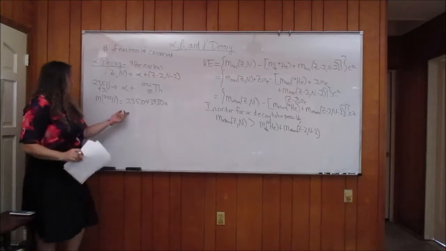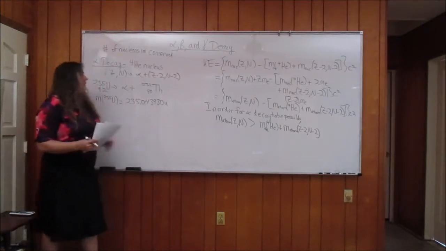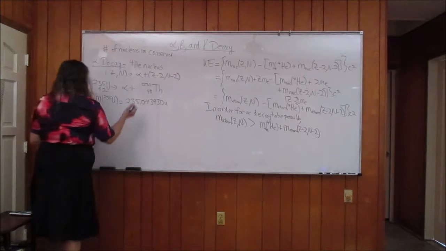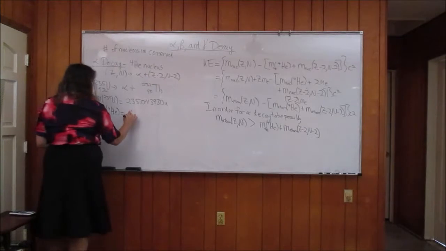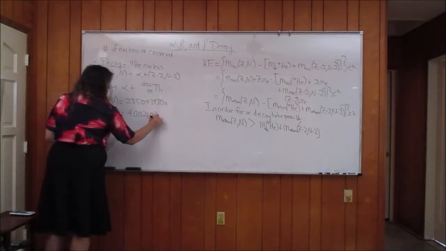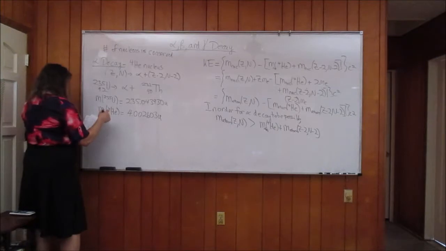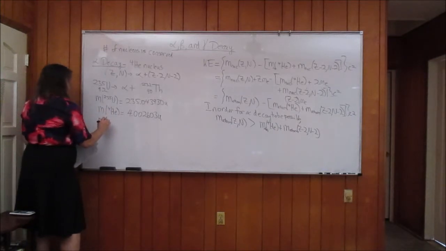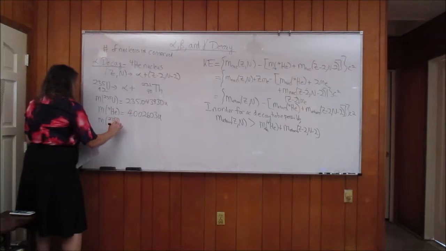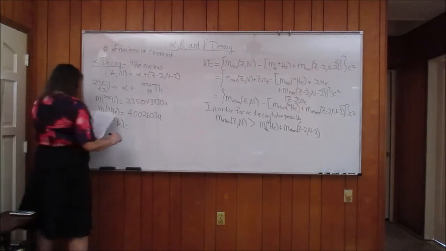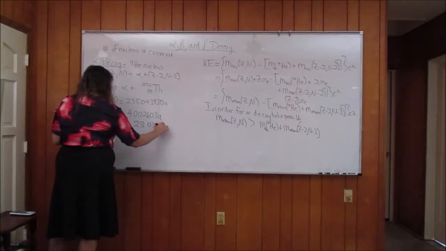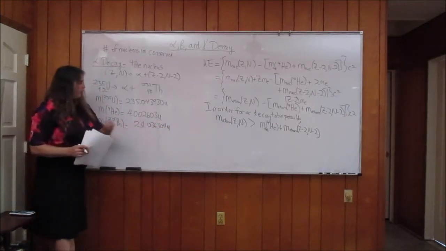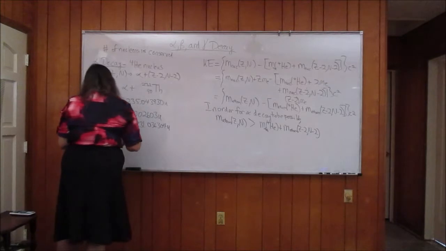The mass of U-235 is 235.043930 atomic mass units. Now the mass of a helium-4 atom is 4.002603 atomic mass units. And the mass of thorium-231 is 231.036304 atomic mass units.